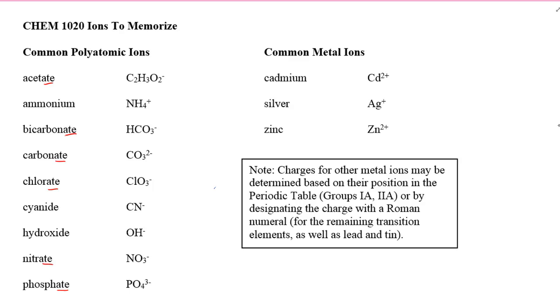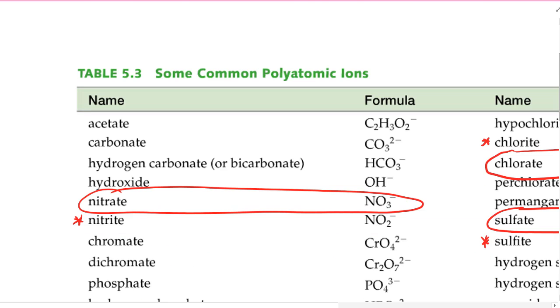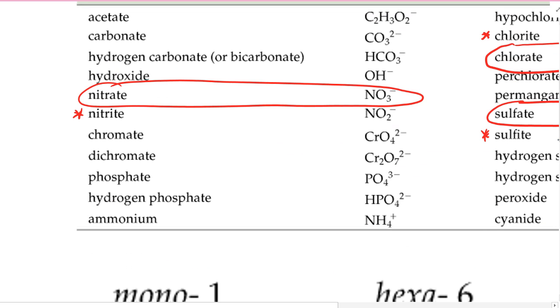Now, in this list, we talked about the fact that this list does not show those that end with an ITE suffix. So in your text on page 143, we looked at some examples here, and we compared those that have an ATE suffix with those that have an ITE suffix. So let's go back and look at this list here. Here's nitrate. This is the one you're memorizing.